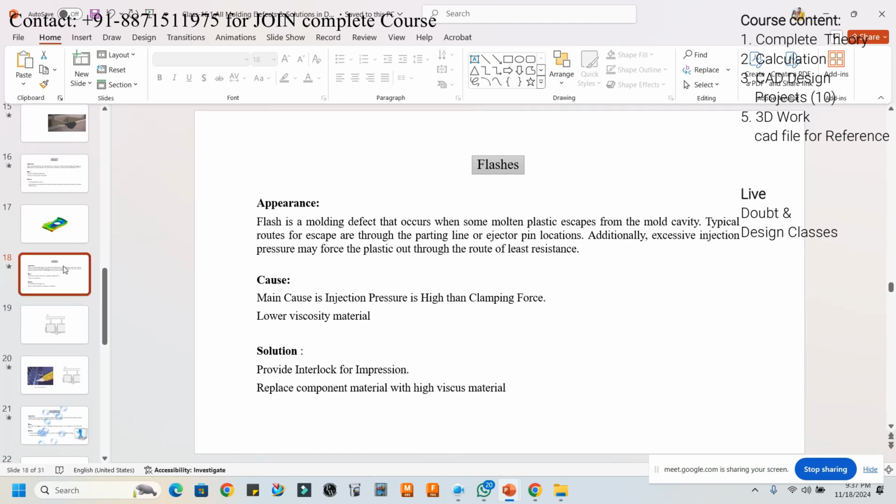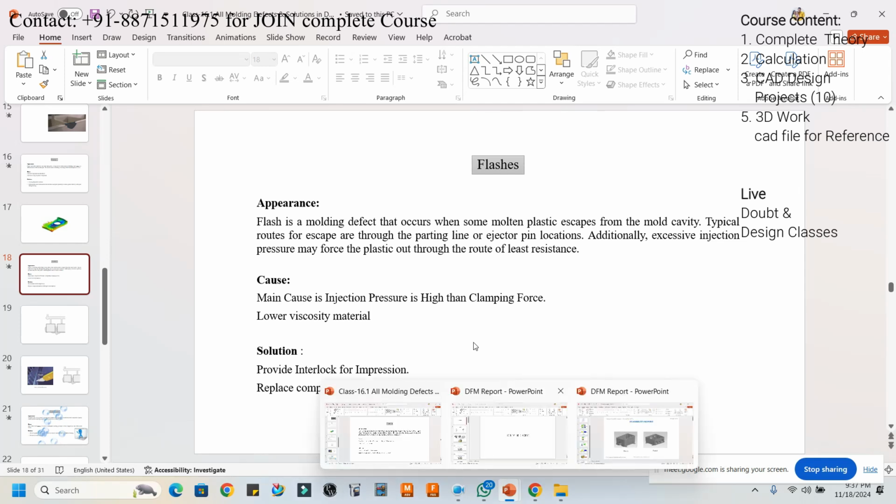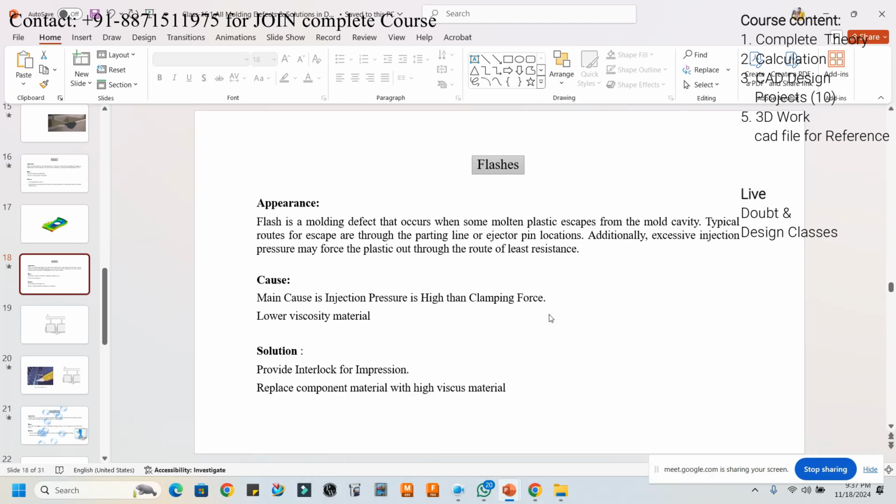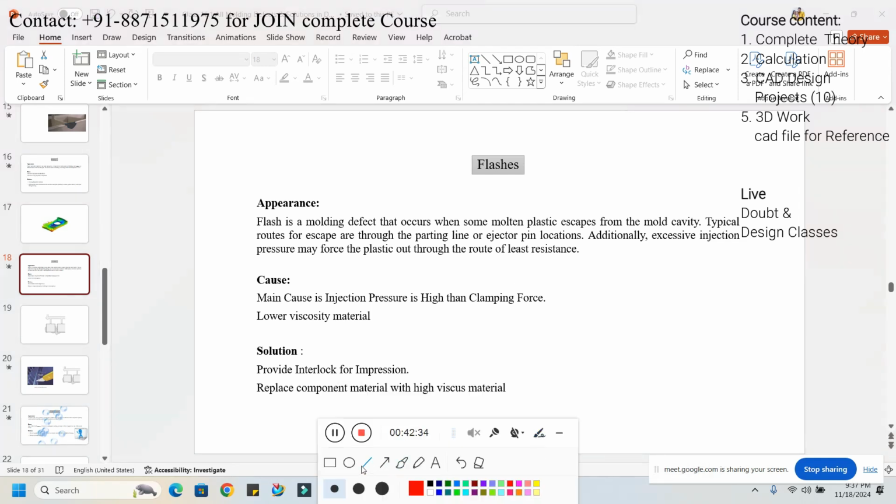Basically, what are flashes? Tell me first of all. Escape of the molten plastic from the cavity section is known as flashes. Okay, so what is the reason for that?